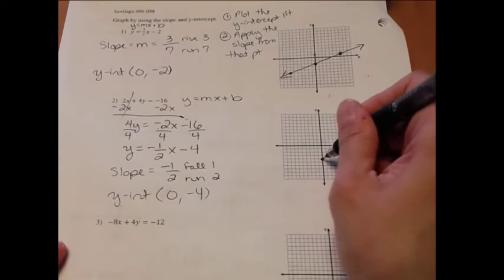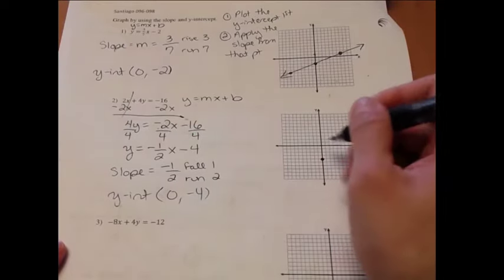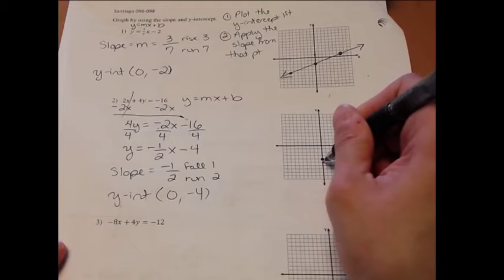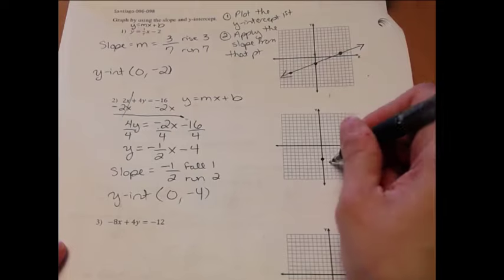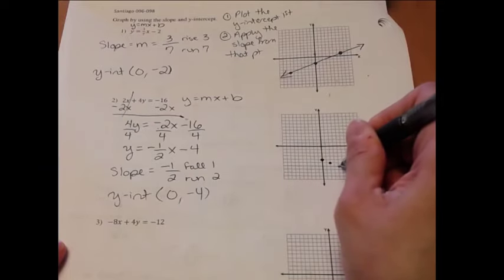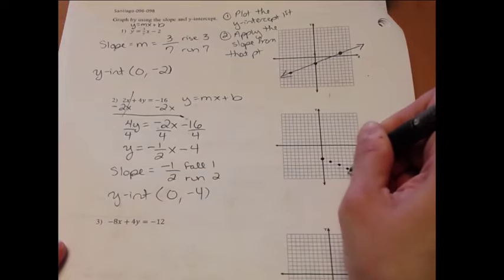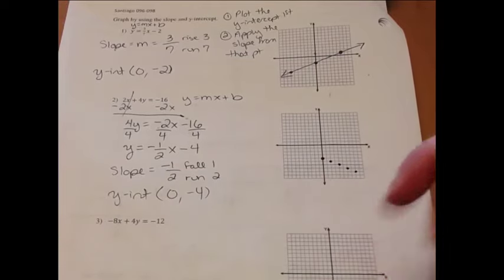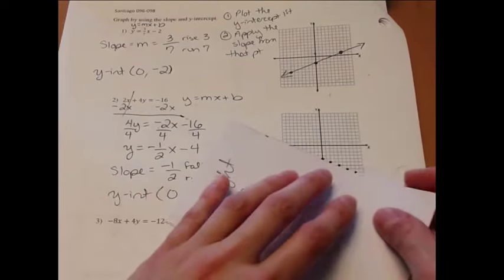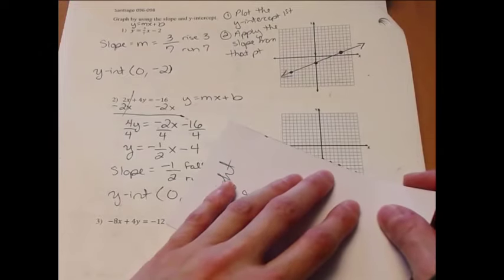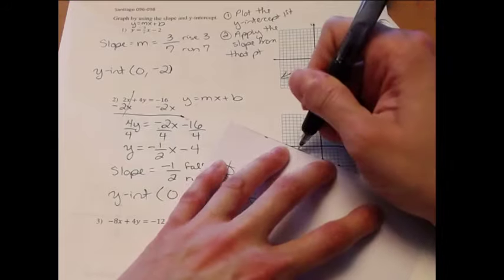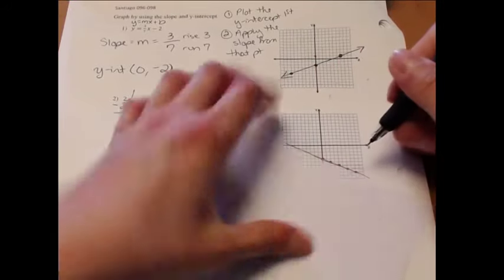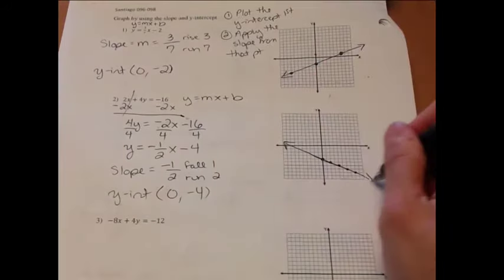So from this point, we're going to fall 1 unit and run 2. Let's do it again, just for good measure. Fall 1, run 2. How about another one? Fall 1, run 2. And we can continue to do this so that we can identify several points on the line. Once you have several points on the line, go ahead and connect it. Oh no, my line's going to look a little weird. That's okay. No big deal.